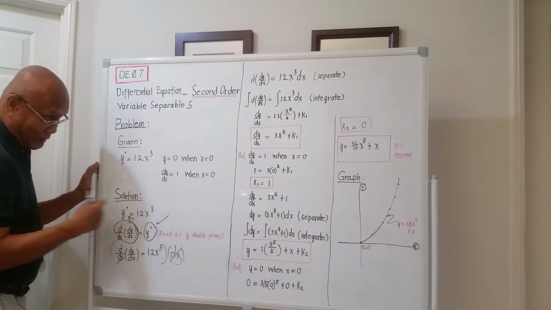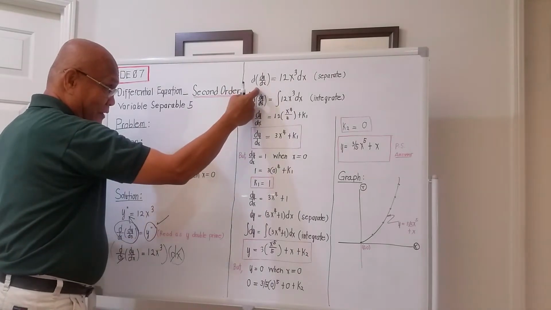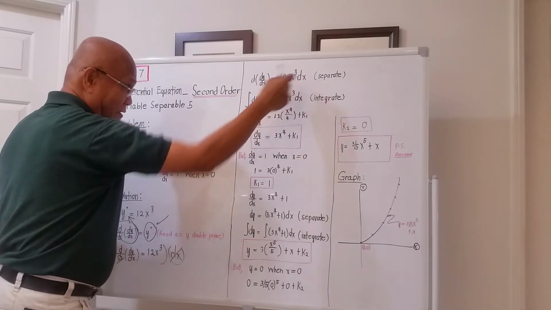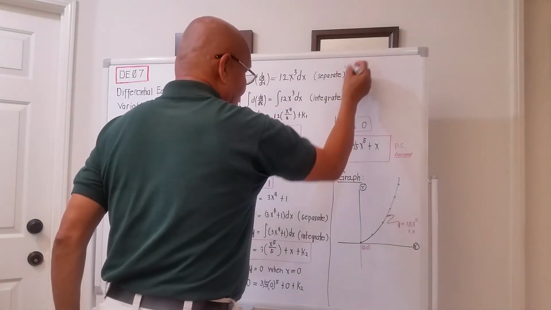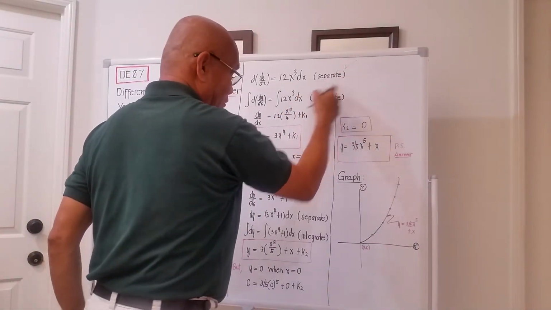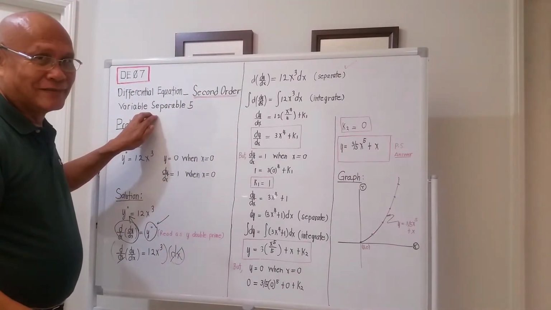So what will come out on the left hand side will simply be the differential of dy/dx, equal to 12x cubed dx. After the multiplication of dx for all the terms, we already have separated the variables. That's why the topic is variable separable.